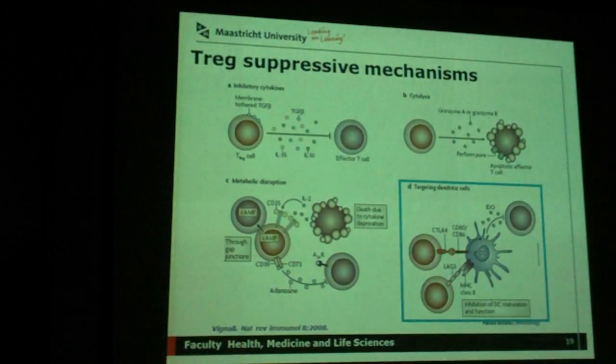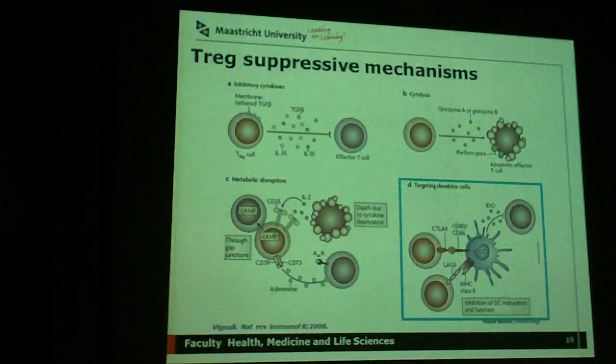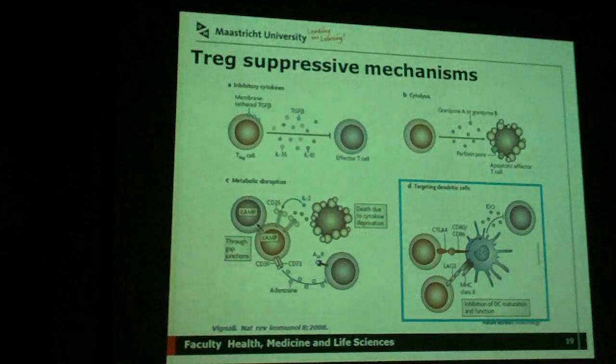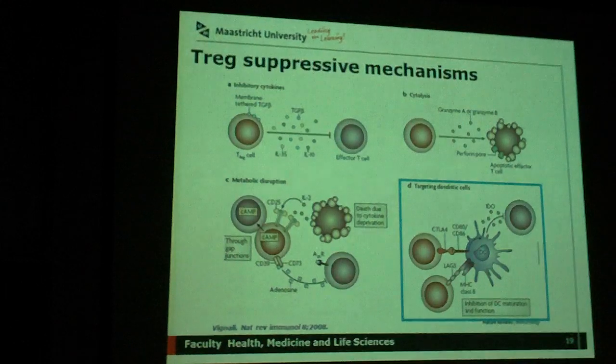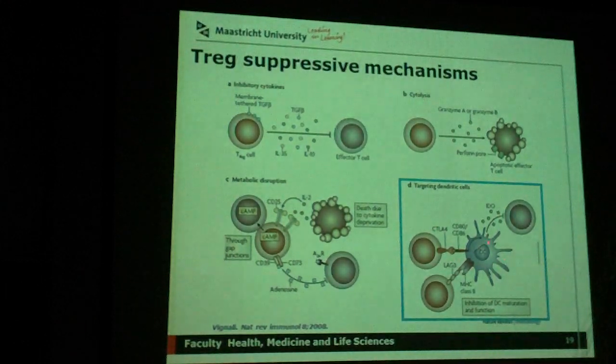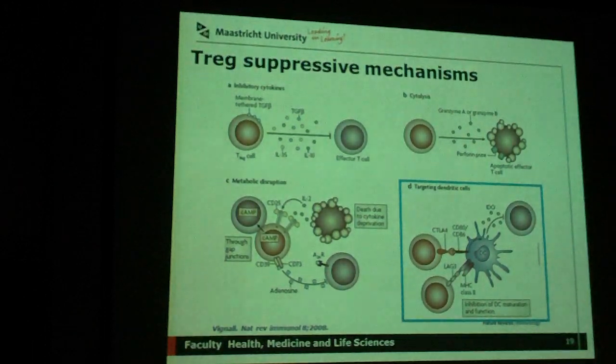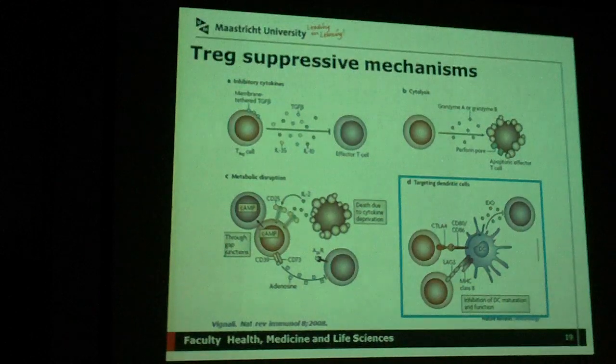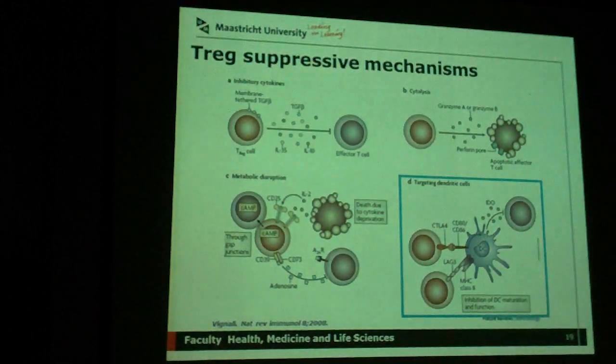And the last mechanism which has been proposed is contact-dependent suppression. In this suppression, the regulatory T cell interacts with the antigen-presenting cell, in this case the DC. It can bind CD80 and CD86 via CTLA4, which is present on the Treg, and in this way it can make the DC more tolerogenic.